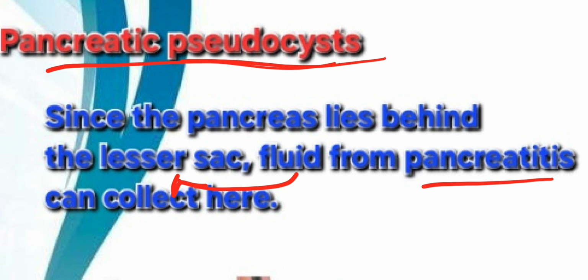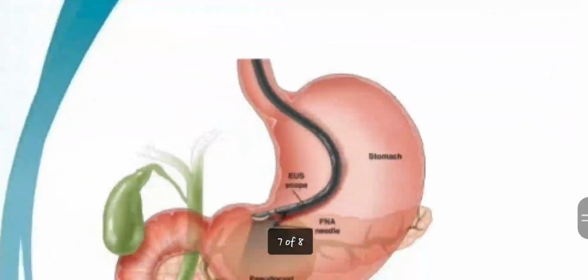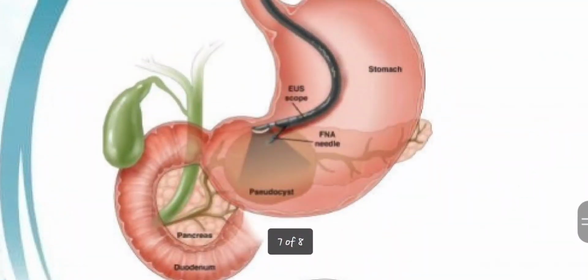The cyst should be formed in the pancreas, but here it is formed in the lesser sac, so it is referred to as a pseudocyst. You can see the pseudocyst here.